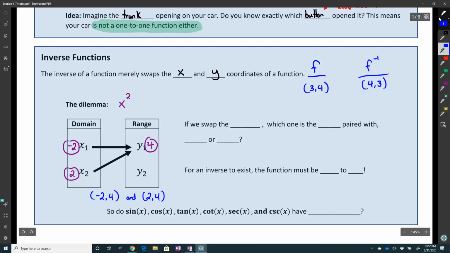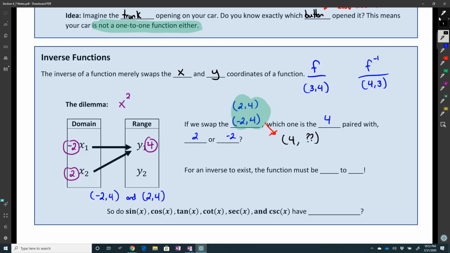Well, if we swap negative 2, 4, okay, or if we swap that, which one is the 4 paired with? Is it going to be paired with the 2 or the negative 2? So if I have these 2 points, and notice that if I swap them, which one gets it?